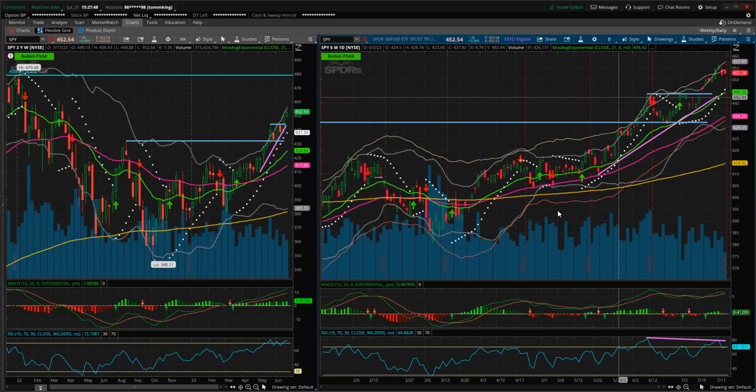So here on the daily, we reversed here on 5/17 when we hit the bearish dots to the upside with our candle, which reversed us to a bullish trend. We stayed in this bullish, and now we got really close in here, and the dots were tight together. When the dots are tight, the trend is not as strong. When the dots get farther apart, that trend is pretty strong because it's moving quickly away.